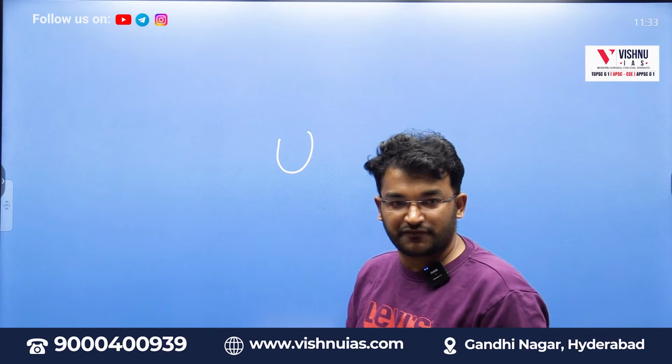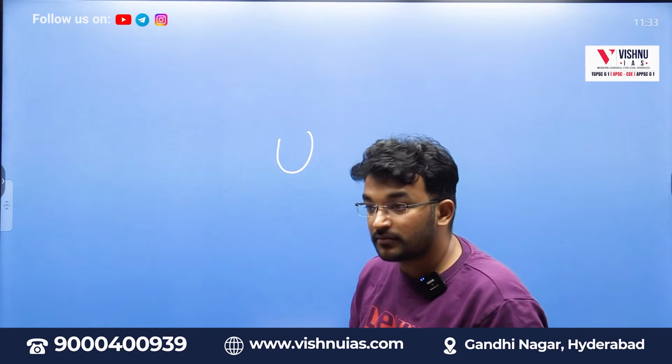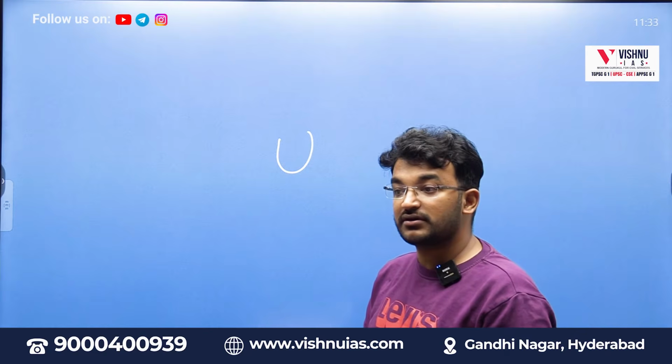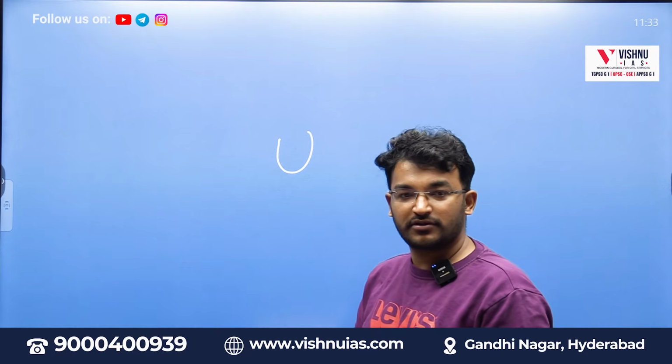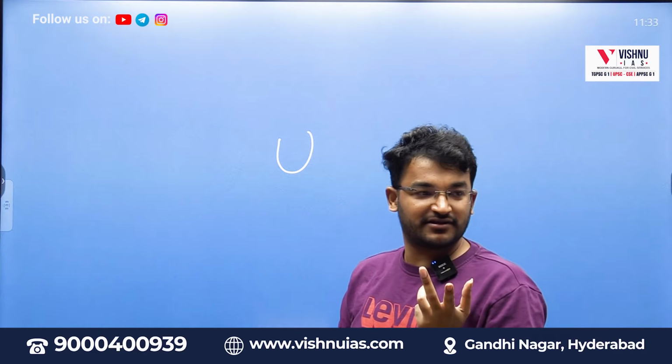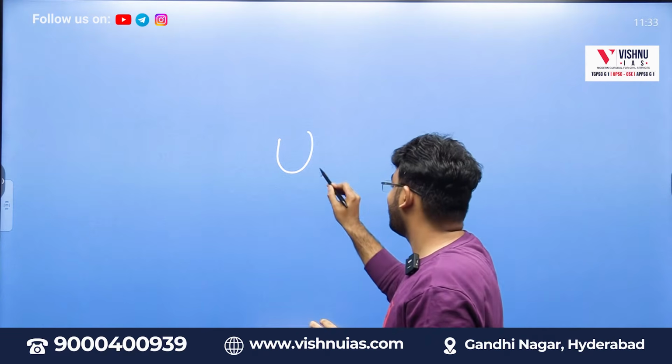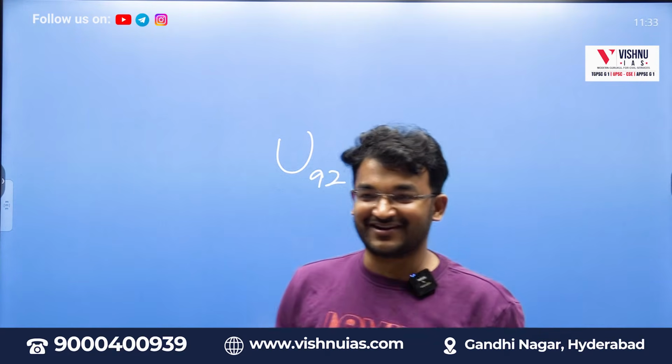Say another example, you might have heard about uranium. What is the atomic number of uranium? 20. Reverse it. 92. Okay, 92 actually.